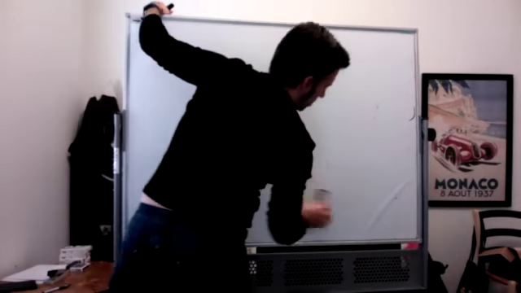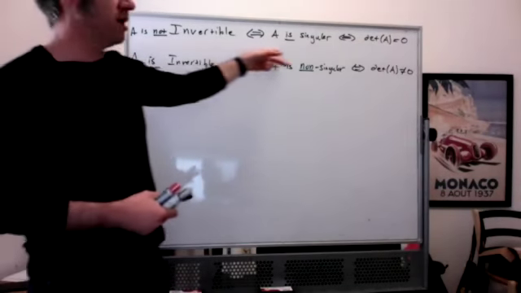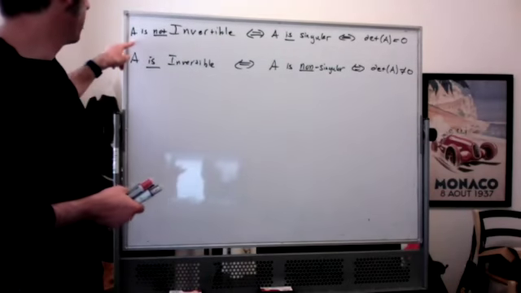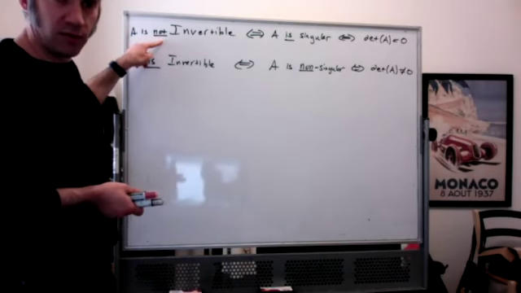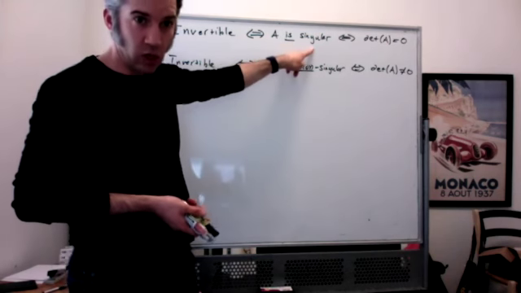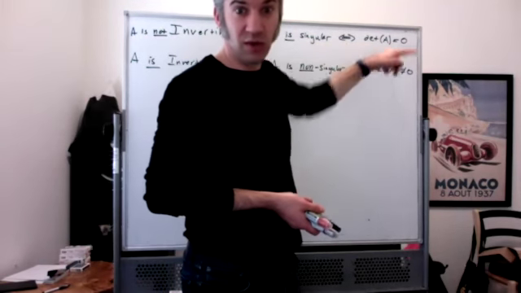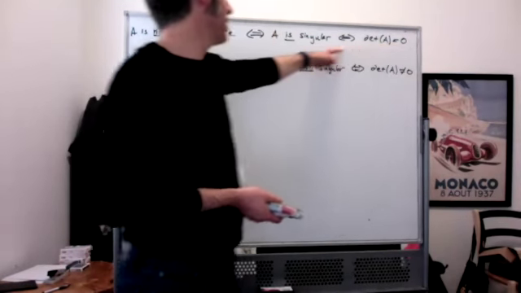It's really important that everybody be super comfortable with these three things. The matrix A is not invertible means the same thing as the matrix A being singular, which means the same thing as the determinant of that matrix A equaling 0. So all these things mean the same thing.